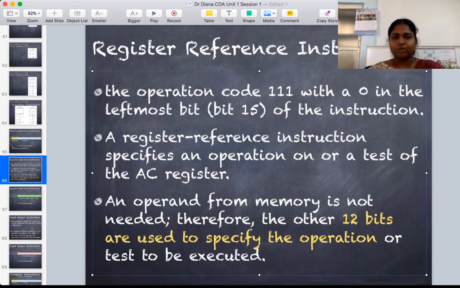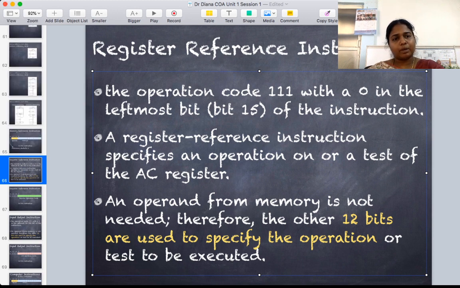Those bits are used to specify the operation to be performed. So a register reference instruction specifies an operation on or a test of the accumulator register or any other data register. So an operand from memory is not needed. Therefore, the 12 bits are used to specify the operation.